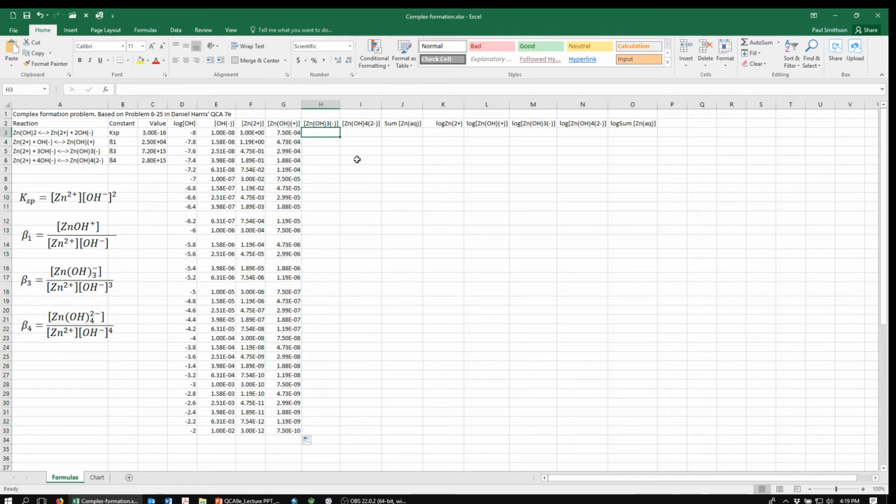Okay, now we'll use beta 3. So our ZnOH3 with a minus 1 charge is going to be beta 3 times zinc times hydroxyl cubed. So we say equals beta 3, F4 makes it an absolute cell address, times zinc here, times hydroxyl to the third power.